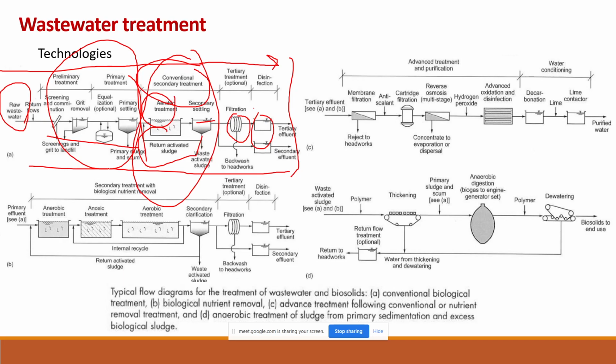So depending upon your type of wastewater, you will have to add different wastewater treatment units. Fine. Suppose the focus is on nutrient removal. In this biological nutrient removal, three different reactors or chambers will be added: anaerobic treatment, anoxic treatment and aerobic treatment. So there is a different treatment line.